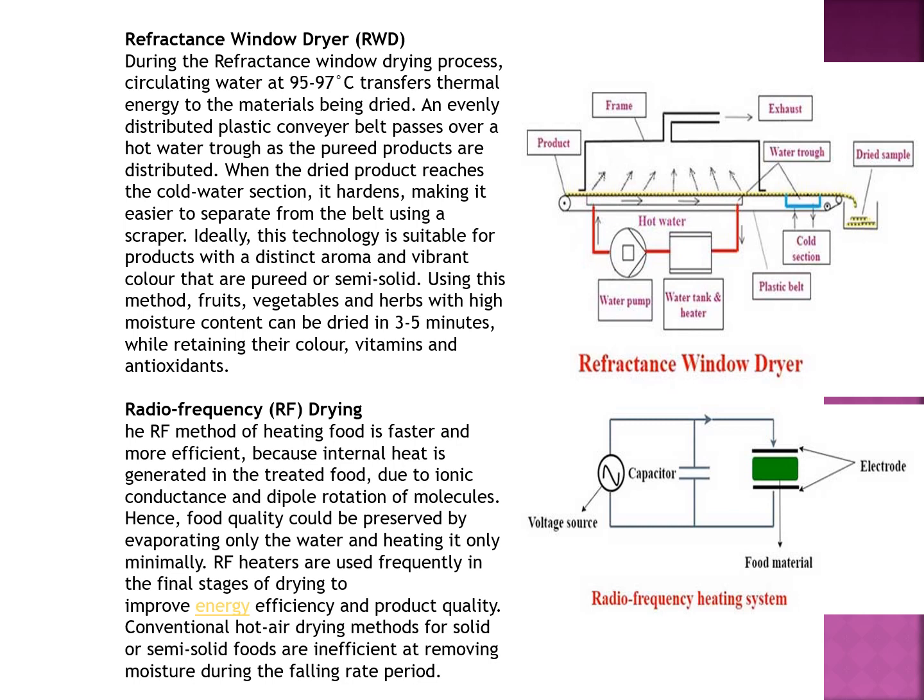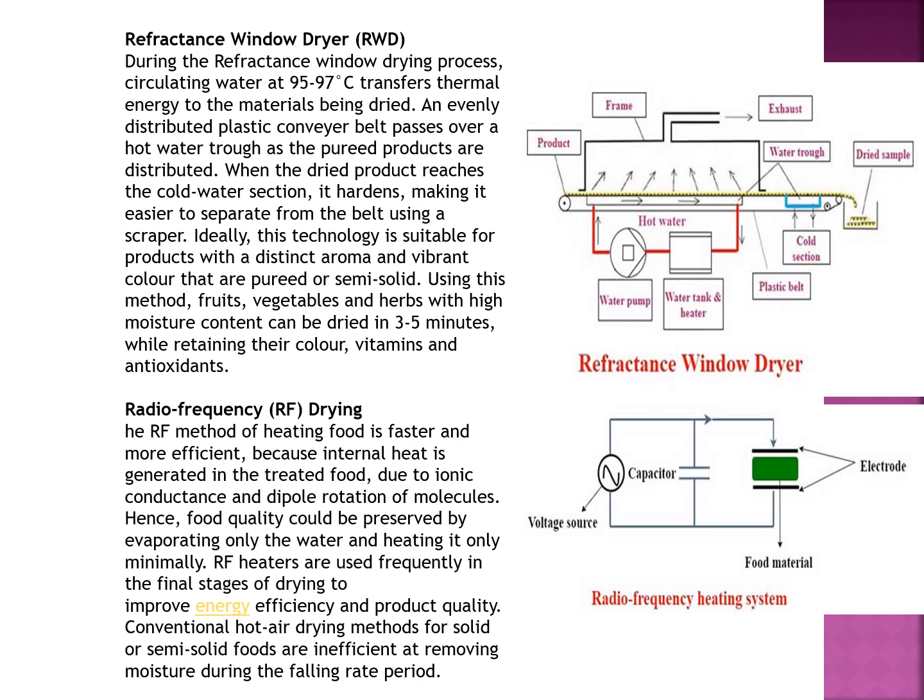Ideally, this technology is suitable for products with a distinct aroma and vibrant color that are pureed or semi-solid. It uses less time, and we can dry the high moisture content product in a very short duration of time.